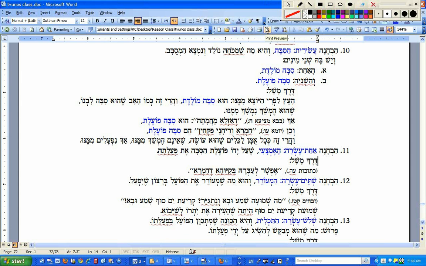Efshar l'abra b'kiyur chamra. The Kohen can get rid of the filth on his garment with wine vinegar. So wine vinegar is an MCE for the Kohen, who is the siba poelis, to get rid of the stain or the filth on his garment.